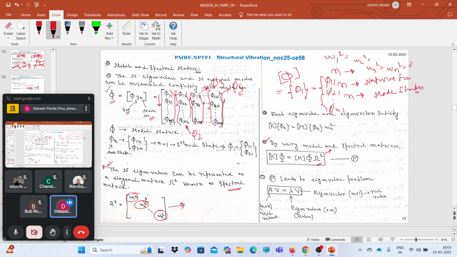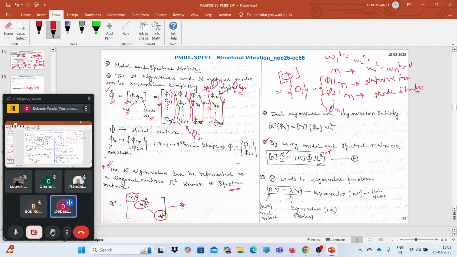Each component is a diagonal matrix, and each component of the matrix contains the corresponding eigenvalues, and the modal matrix contains the mode shape information. Each column of the modal matrix is the mode shape corresponding to each natural frequency, and the structure is like that.